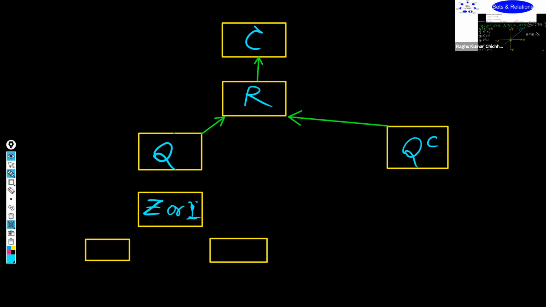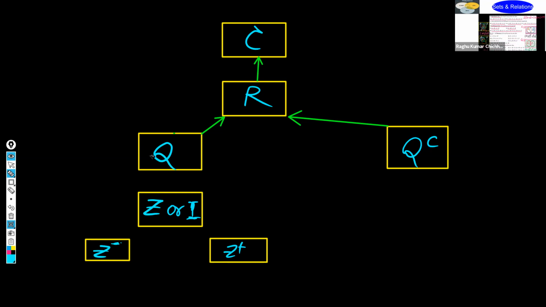Now, this is containing I minus or Z minus. And this is Z plus. And of course, this we need not write separately.